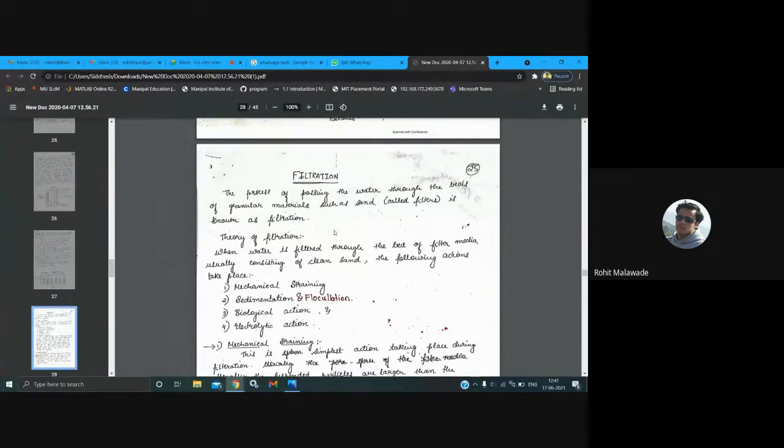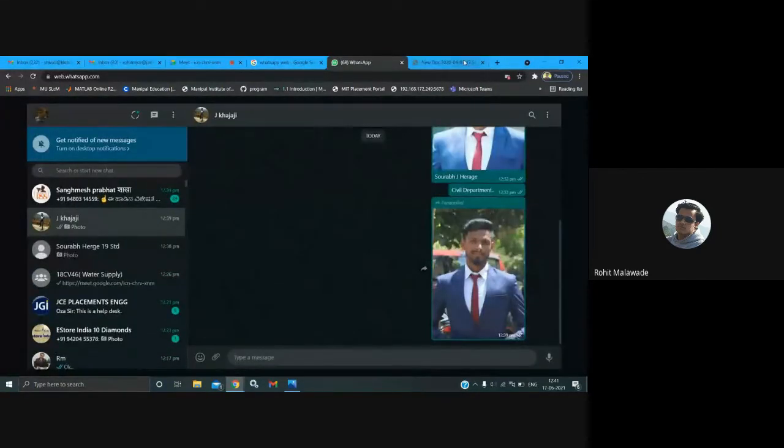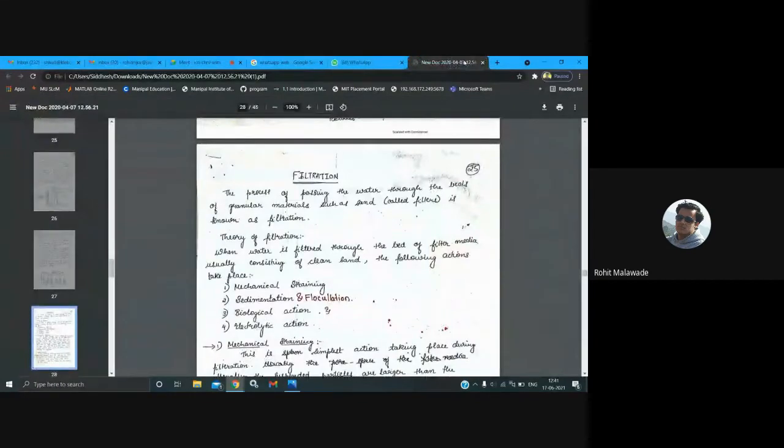Or if you clean those filters, what do you observe in them? Irshad, what have you observed in the filters? The sand part. Okay, there will be sand particles. But what is it going to filter?